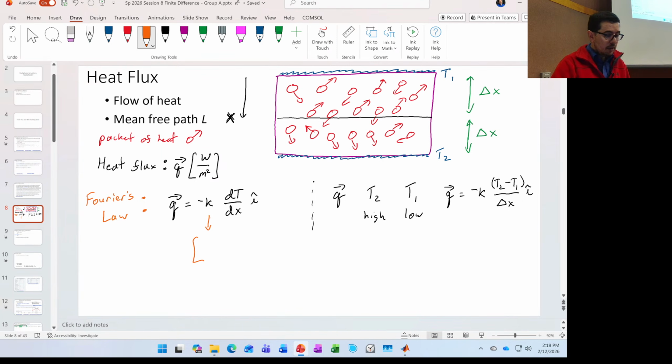And so the units of thermal conductivity are often given this way, okay, watts per meter Kelvin, right? And I guess we could say this is thermal conductivity.